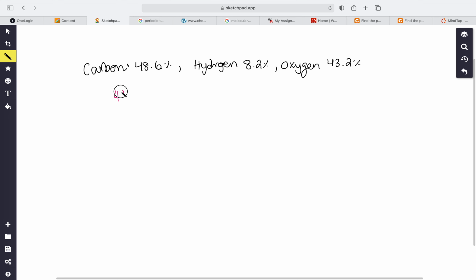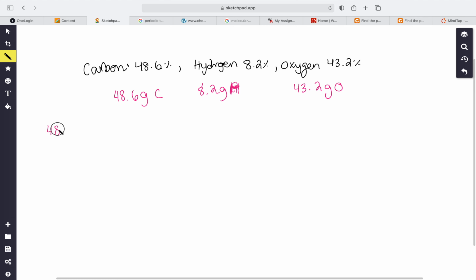All right, so first thing we're going to do is 48.6 grams of carbon, and then 8.2 grams of hydrogen, and then oxygen is going to be 43.2 grams of oxygen. Cool, this is an H, by the way. Next thing we're going to do is convert the grams into moles.